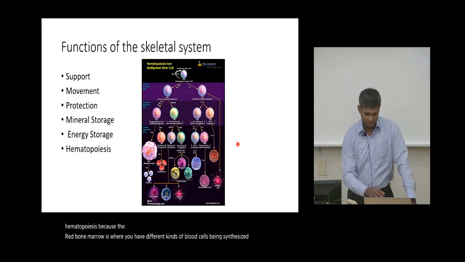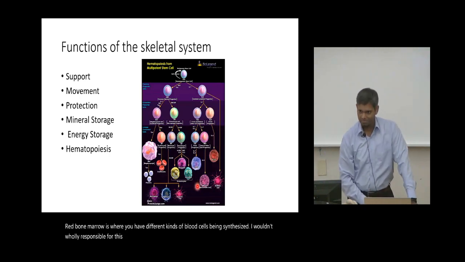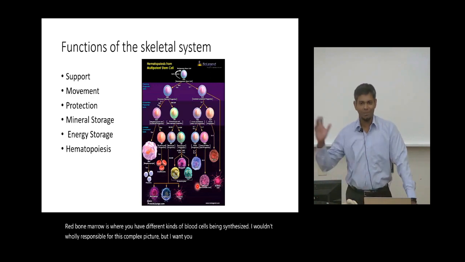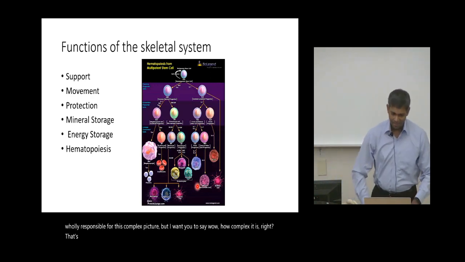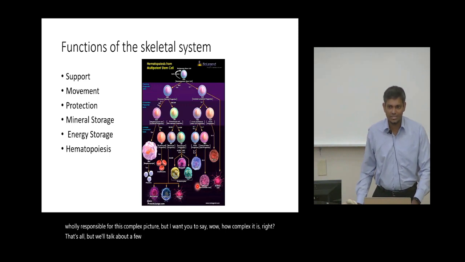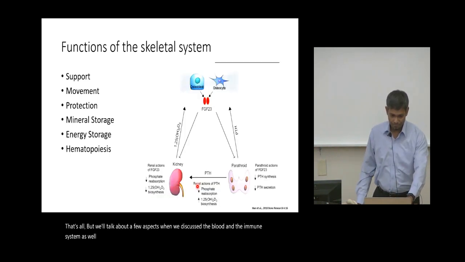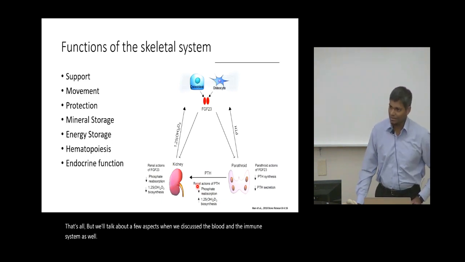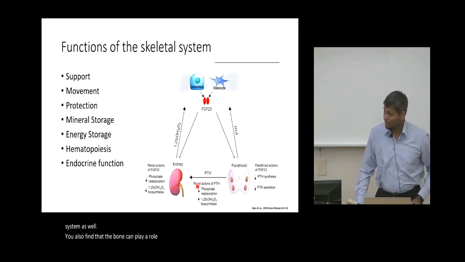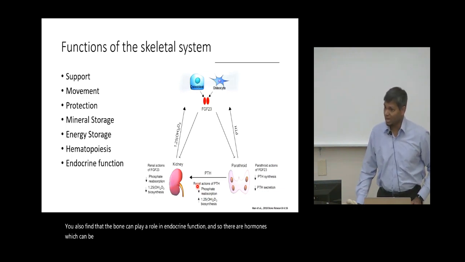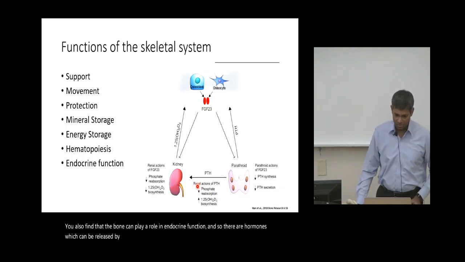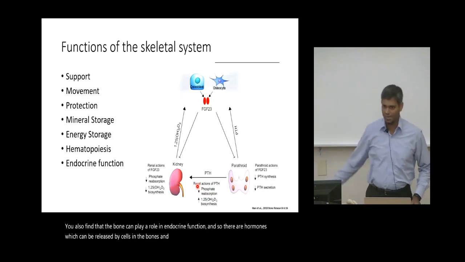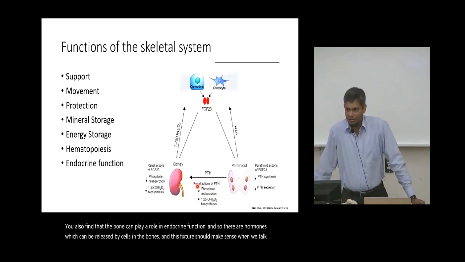I wouldn't hold you responsible for this complex picture, but I want you to say, wow, how complex it is, right? That's all. But we'll talk about a few aspects when we discuss the blood and the immune system as well. We also find that the bone can play a role in endocrine function, and so there are hormones which can be released by cells in the bones, and this picture should make sense when we talk about the endocrine system.